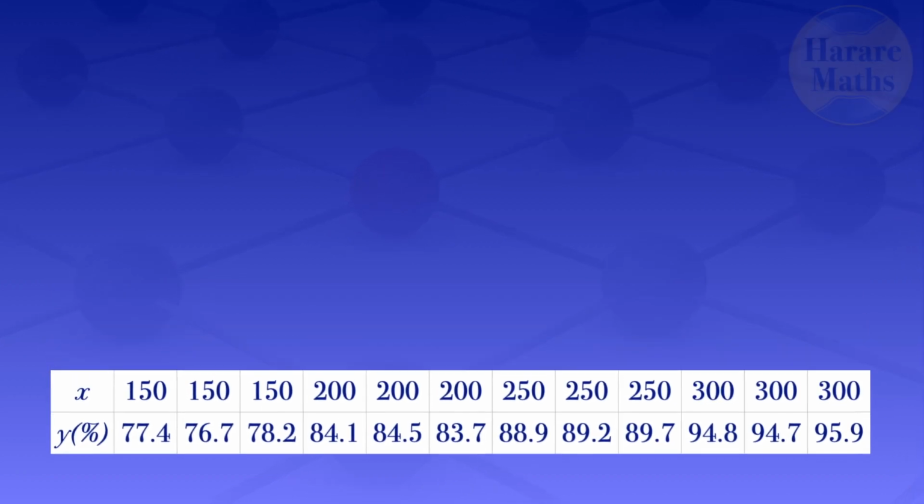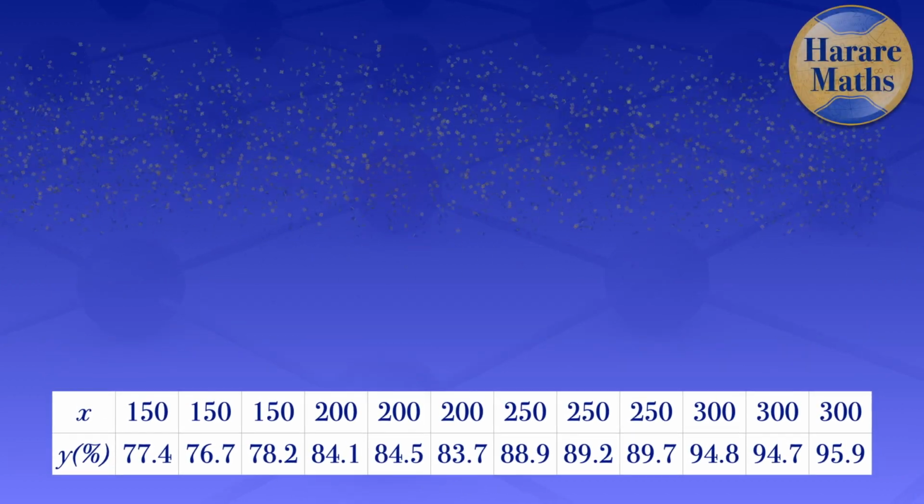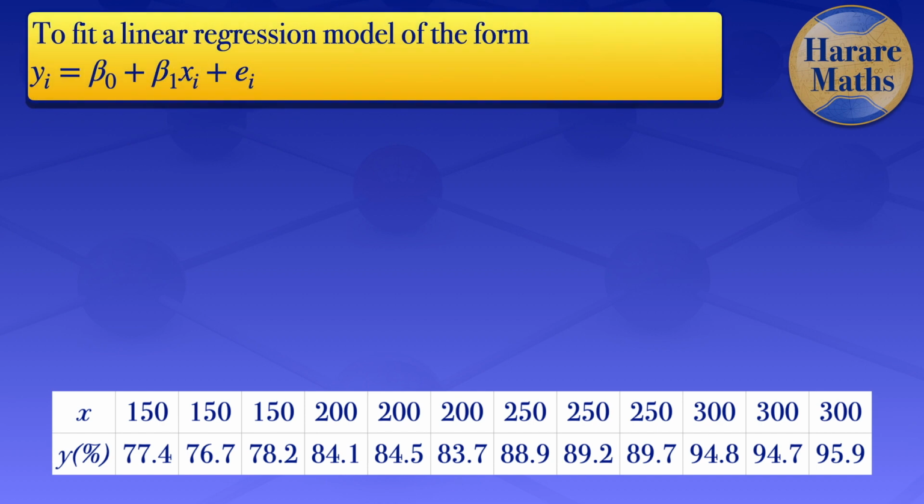So given that data there, to fit a linear regression model of the form yi equals beta naught plus beta 1 xi plus the random term ei, we have to estimate the slope, beta 1. The estimate of the slope, we'll call it beta 1 hat.